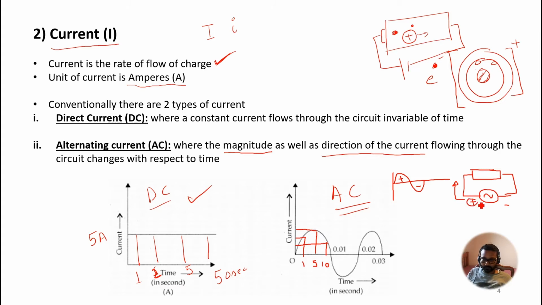So now this will become negative and this side will become positive, and the current will start flowing in the opposite direction like this. So along with the magnitude, the direction of the current would also change for an alternating current. However, both are current and the unit for both of them will be amperes.